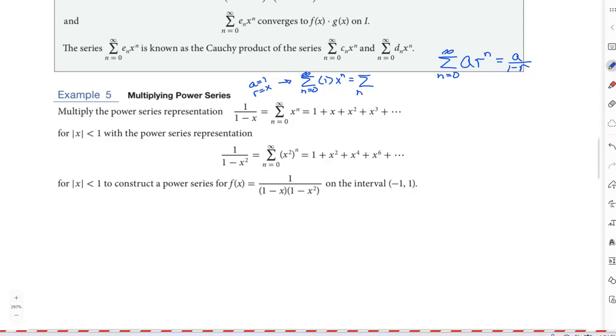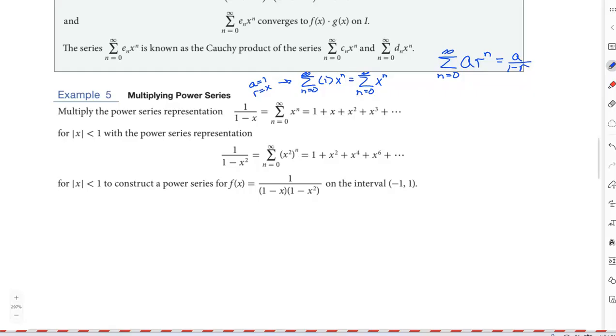That's where they're getting that rational function is equal to that summation. It's writing it in terms of that geometric series. And if we were to write a few terms out, when we plug in 0, we would have x to the 0, which is 1.